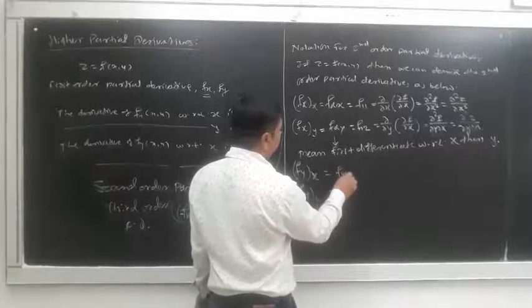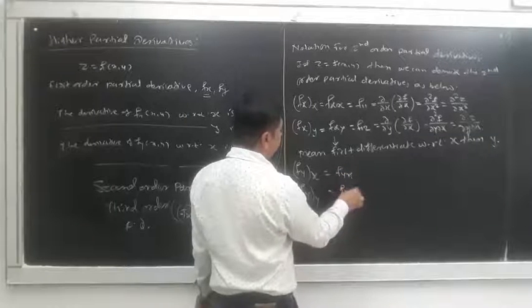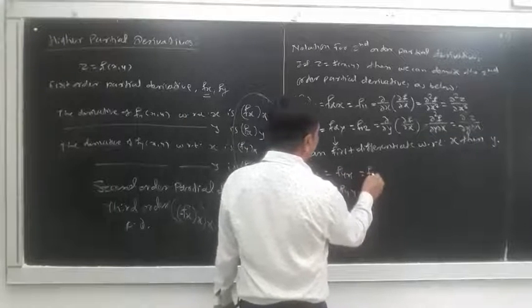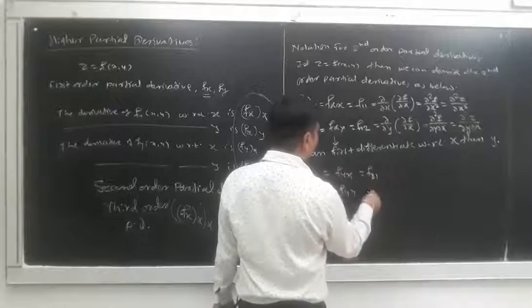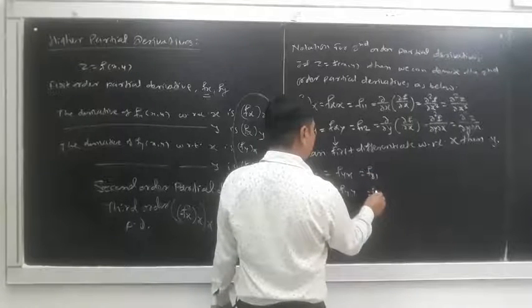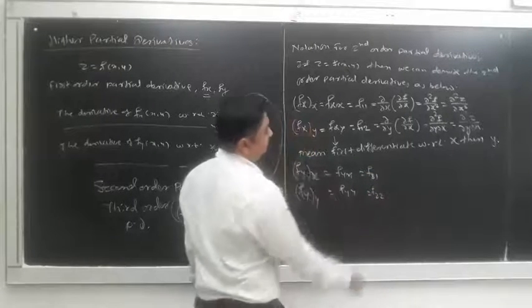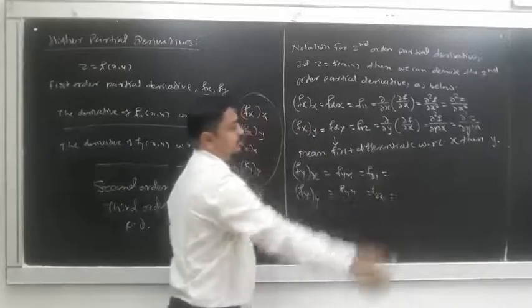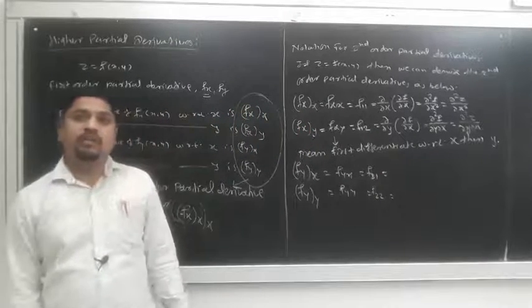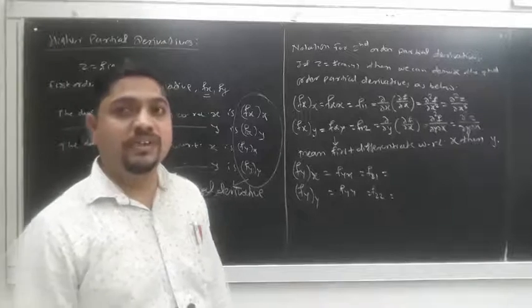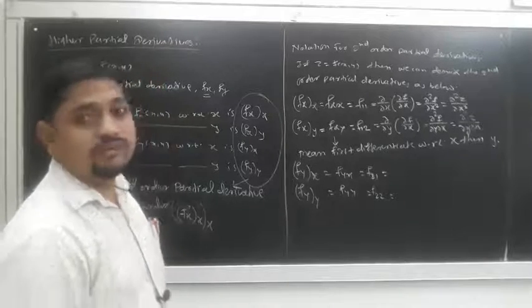It is nothing but fyx, and fyy. This is f21 and f22, and the next one is similar to above. So this is the notation of the second order partial derivatives.